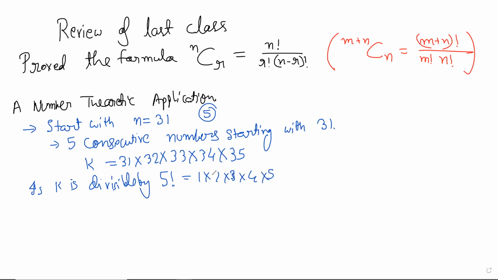Yes, all the numbers are there. You can break it and check. That's right. So the answer is yes. So here I have taken 5 consecutive numbers and I've divided it by 5 factorial and it is divisible.